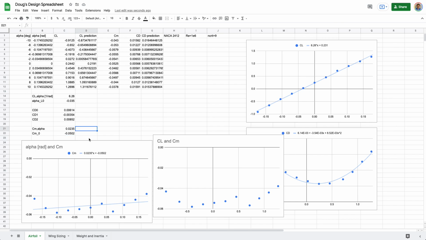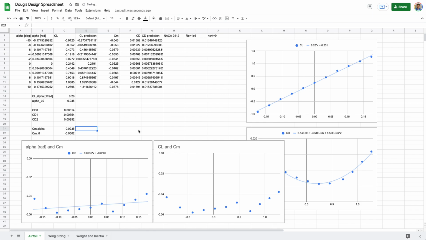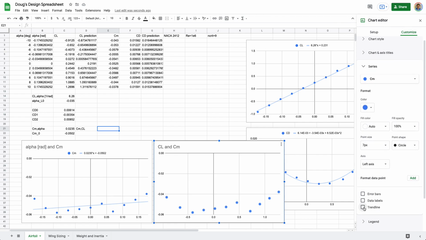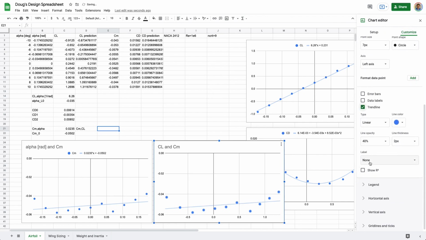So another way to look at pitching moment is as a function of lift coefficient. And so here we could say this is the change in pitching moment with respect to CL instead. So let's put a trend line through this. We're going to add a trend line, and we want it to be linear, and add the equation up here.